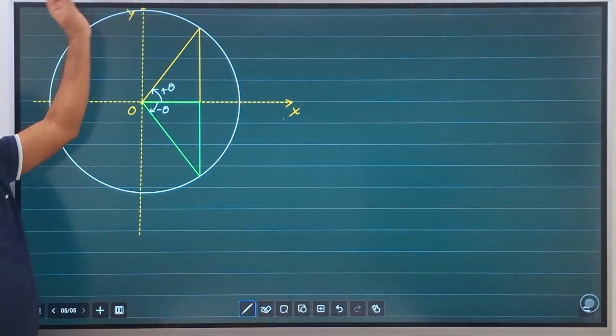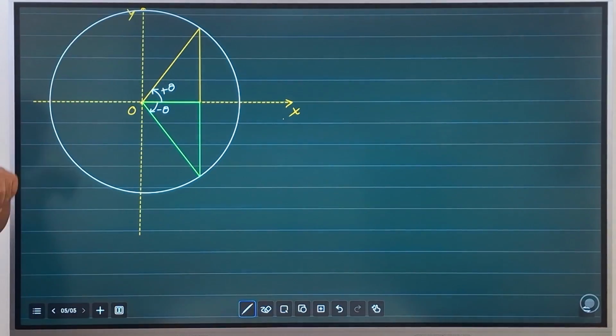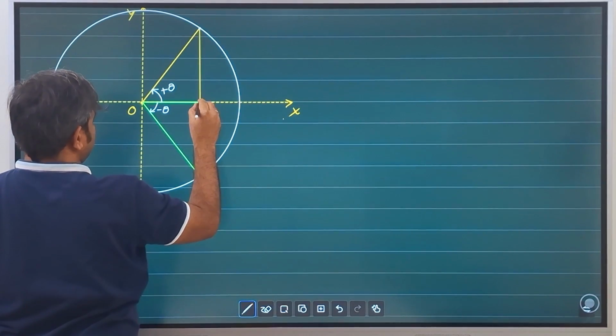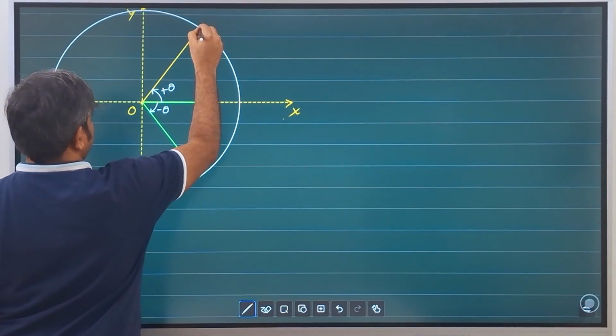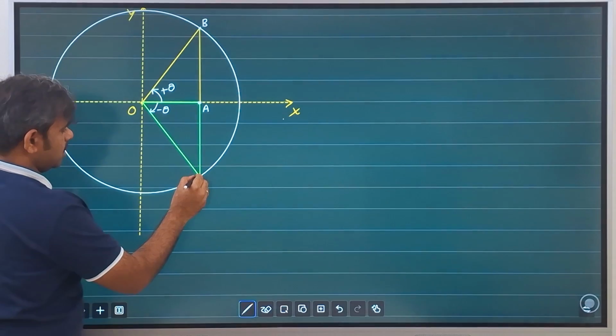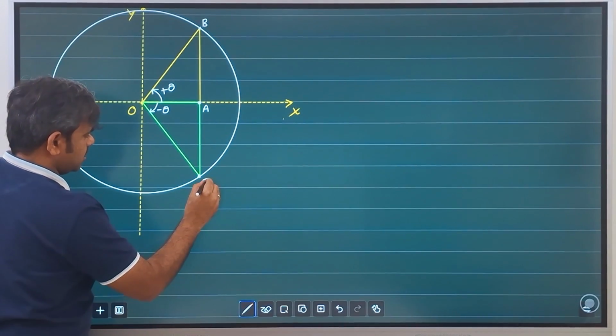So angle above x-axis is plus theta, angle below x-axis is minus theta. Look at these two right angled triangles. Let me call this point A, the other vertex of the right angled triangle B. Take below right angled triangle, this vertex is C.